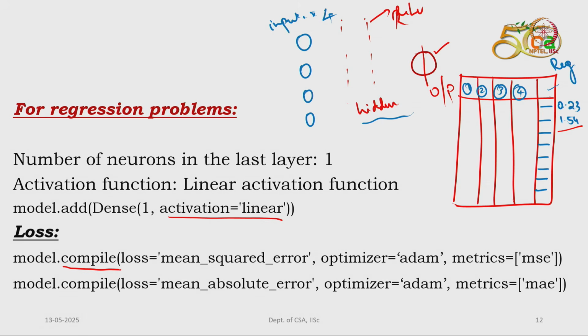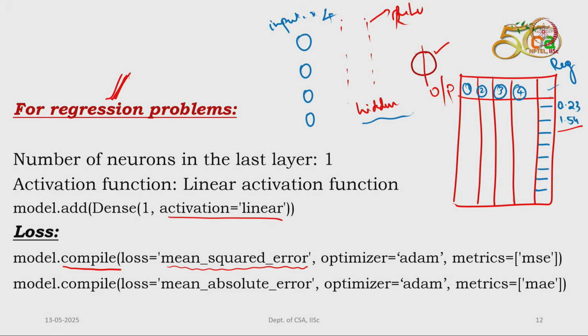When you are writing and compiling your model, what is the loss that we are using? For your classification problem, the different loss functions that we had seen were binary cross entropy, categorical, or sparse. But when we are dealing with a regression problem, there are many loss functions, but one of them could be mean squared error.